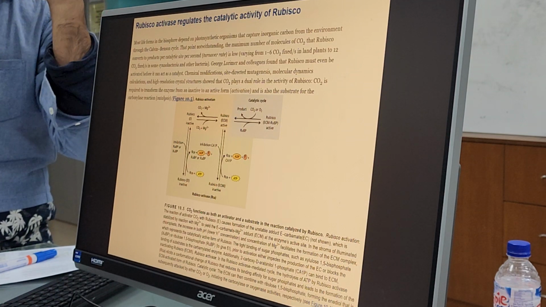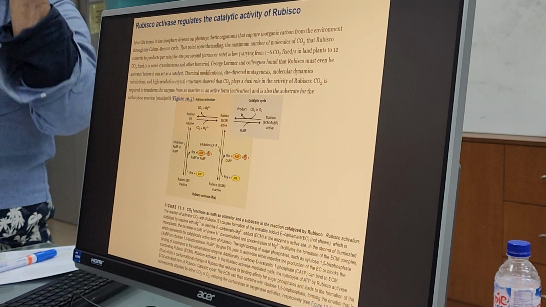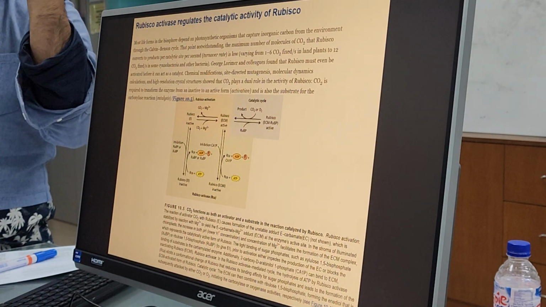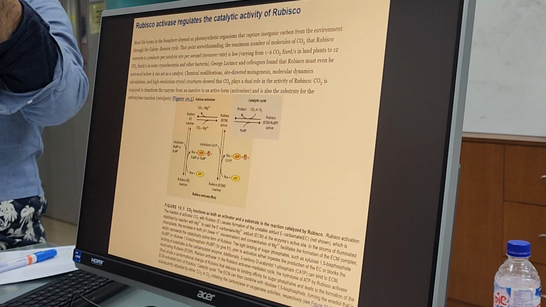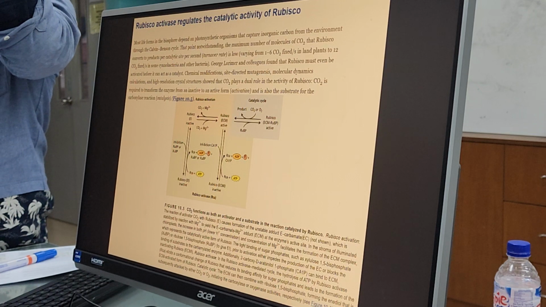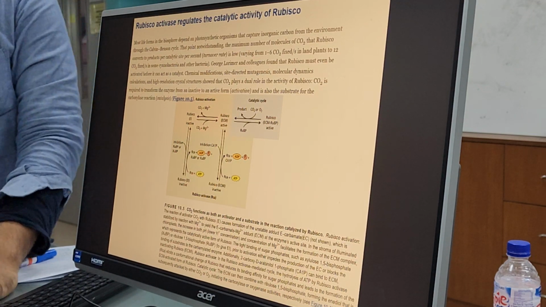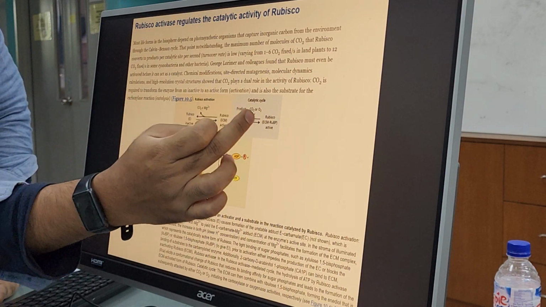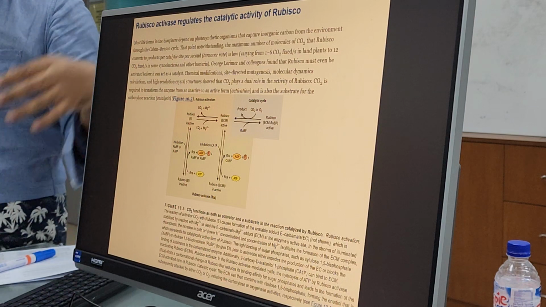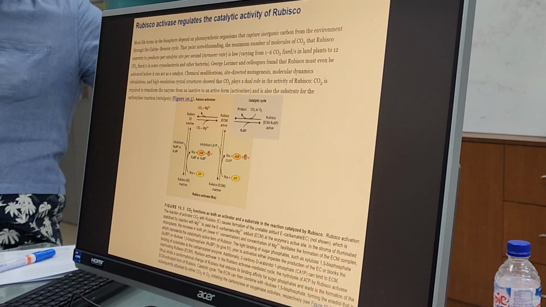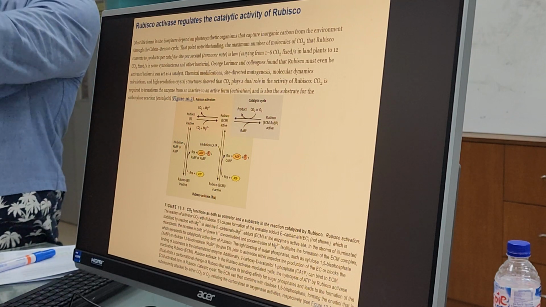I need the sugar when two things have been met. CO2 is surrounding me to do the carbamylation, and magnesium is surrounding me to increase the pH. When these two things have been met, then it can proceed to the catalytic cycle. When this happens, then only the CO2 and RuBP come in to do the regular carbon fixation.